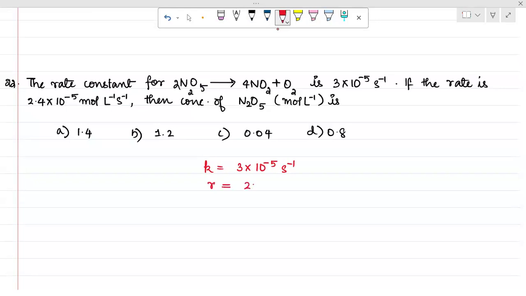R is equal to 2.4 into 10 to the power minus 5 moles per liter per second. We need to find the concentration. Now see, I had put this question over here to just remind you that even if in a reaction, they do not give you what the order is.